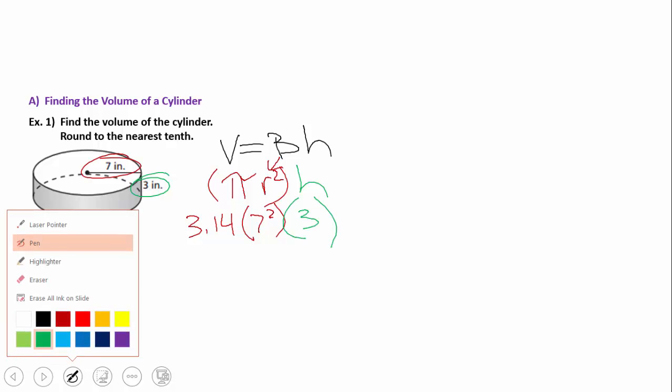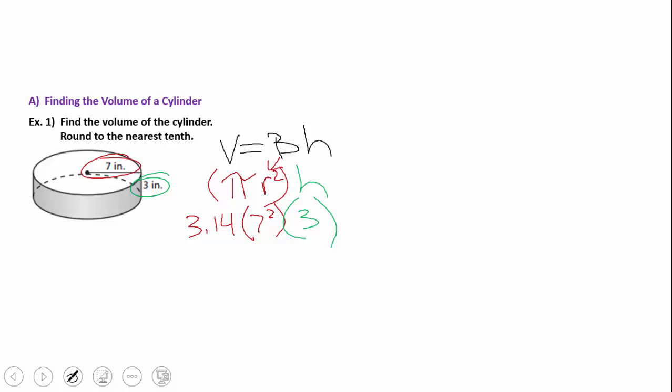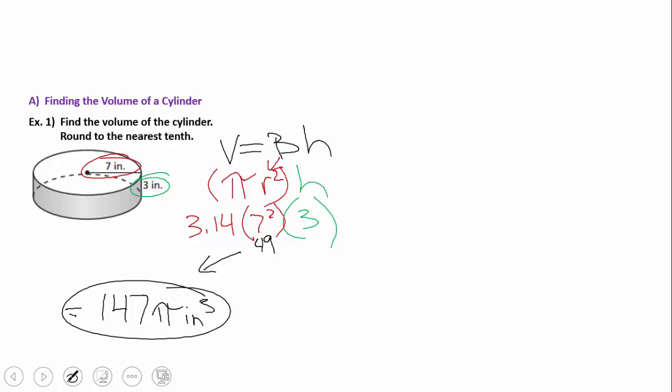And now when we do the math, we just multiply. Now 7 squared is 49. And 49 times 3 is 147. So I'm going to write the answer two different ways. I can put this in terms of pi and say that's 147 pi, units are inches. We're talking volume, so it's cubed. That's one answer.